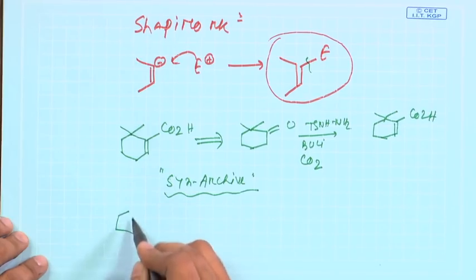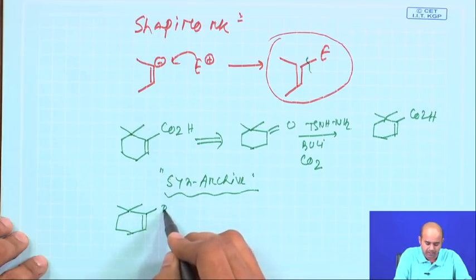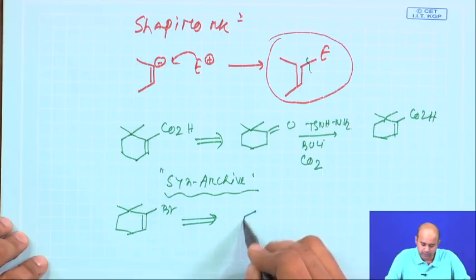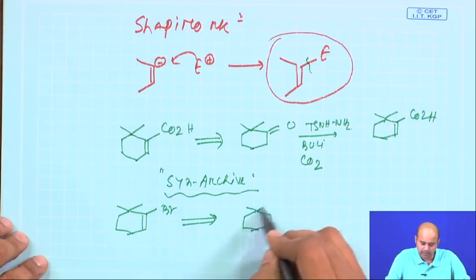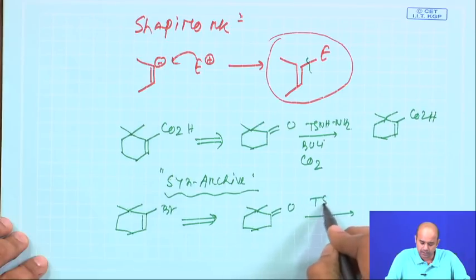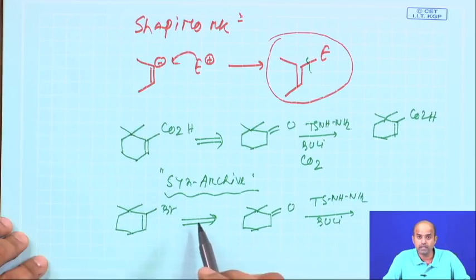Even for other compounds, like if you need to make a vinylic bromide. So, what you do? You take this starting material, react with tosyl hydrazine, butyl lithium. Now, what you need? You need bromine as an electrophile.